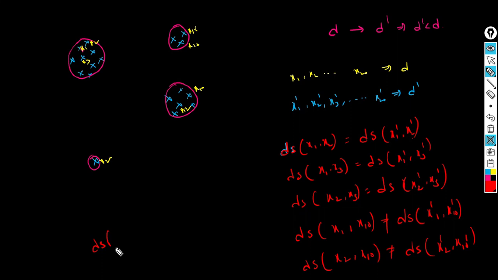And the distance between x10 and x12 is equal to the distance between x10 dash and x12 dash.